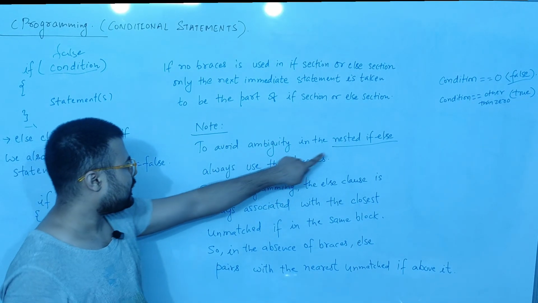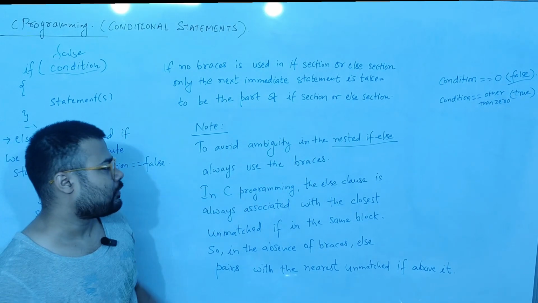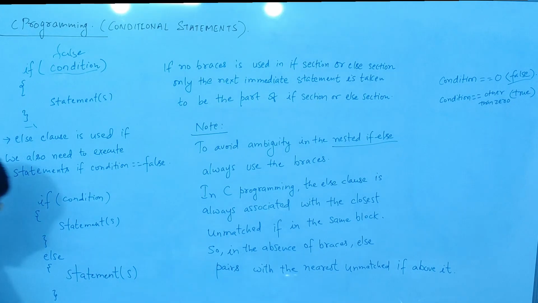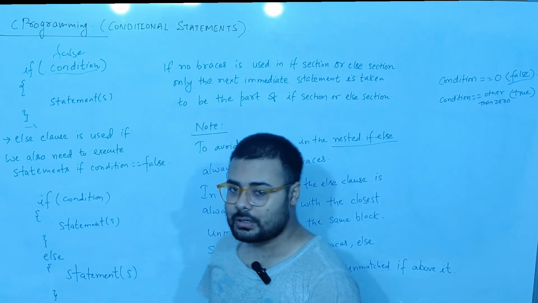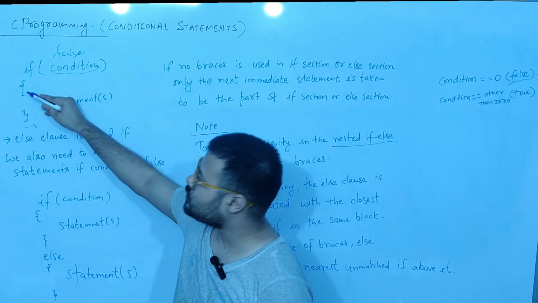To avoid ambiguity in the nested if else, always use the braces. As you can see, this is your if block and this is your if else block, and the blocks are enclosed by braces.